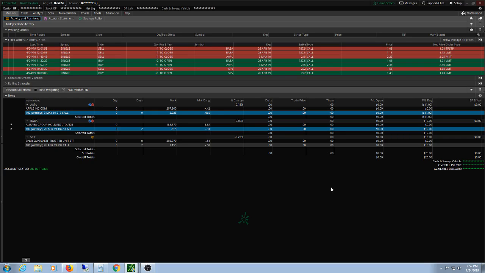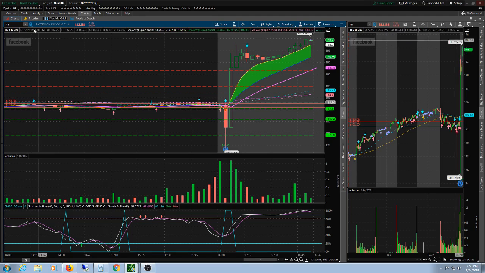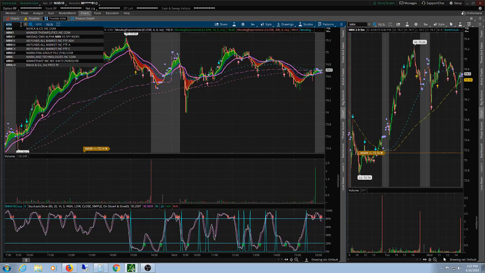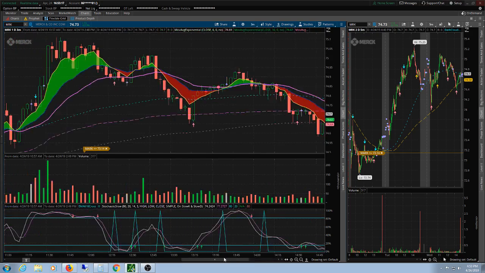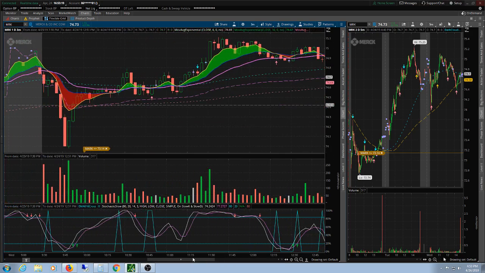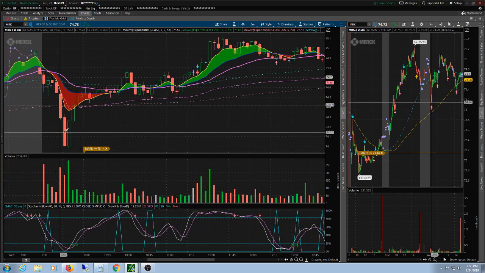I forgot to mention yesterday I made another trade in my other account. I did it over my phone. I traded Merck calls. Let me pull up the Merck chart, take a look at yesterday. I got in Merck yesterday. I think it was around here.